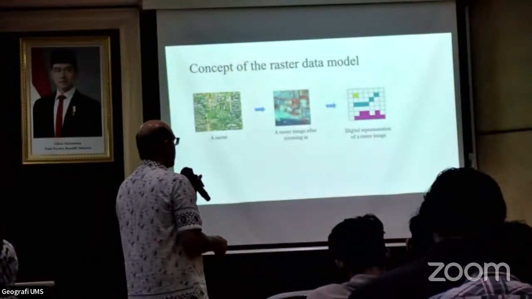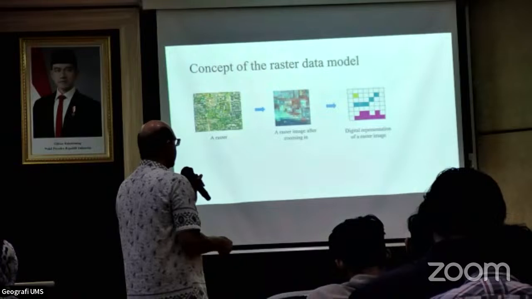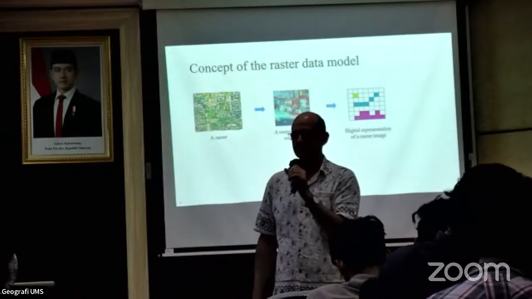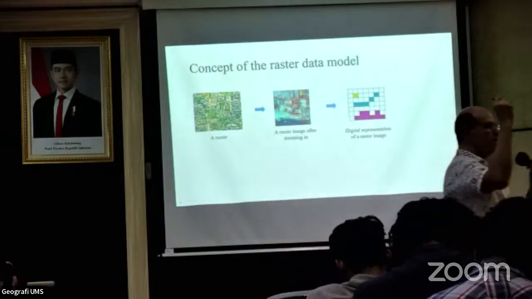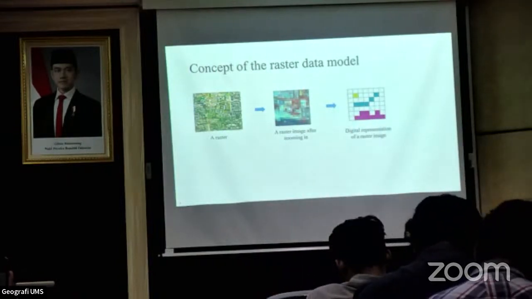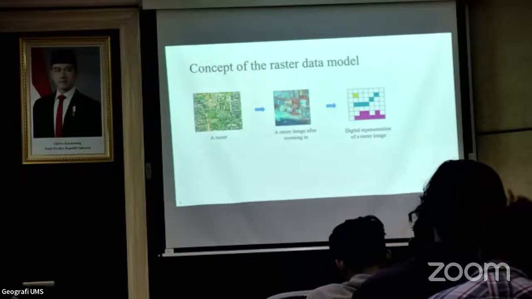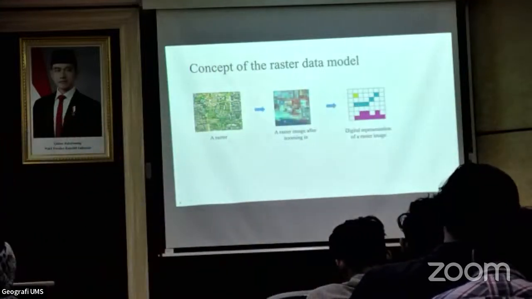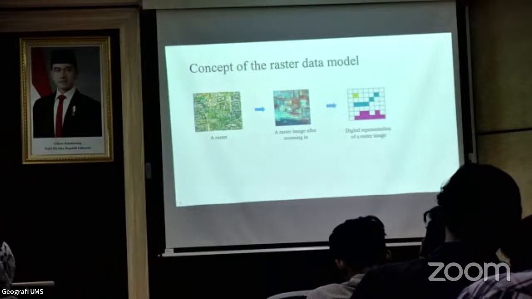When we zoom in, we have pixels, and these pixels represent all fields. So rather than point, line, polygon, in the raster data model we represent features by pixels, each with a pixel value.